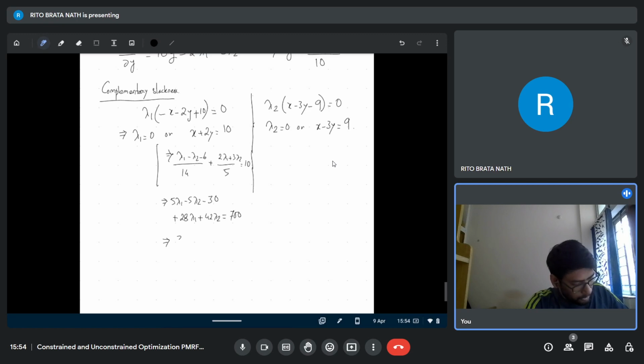Okay, so it's 33 lambda 1 minus 37 lambda 2 equals 730.